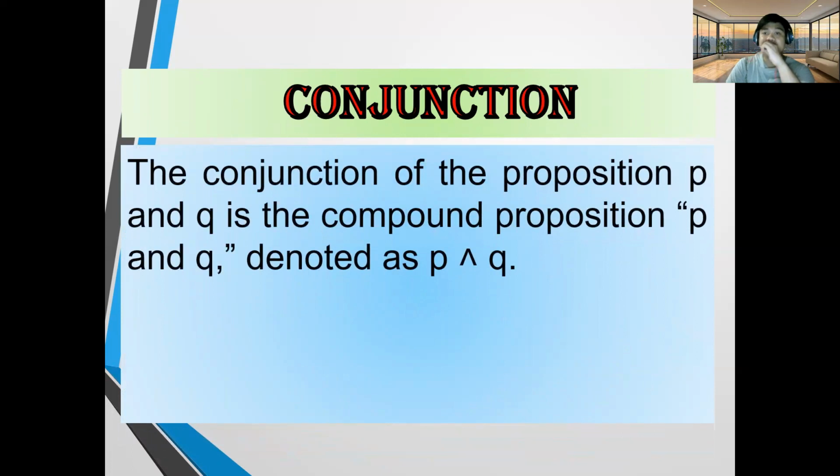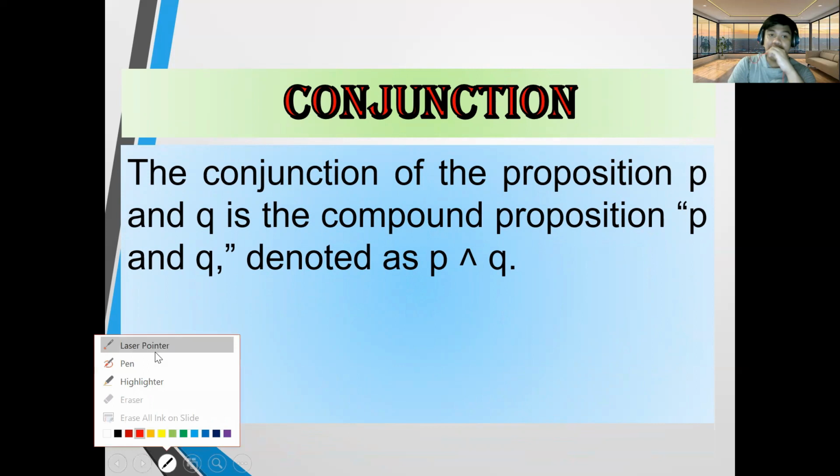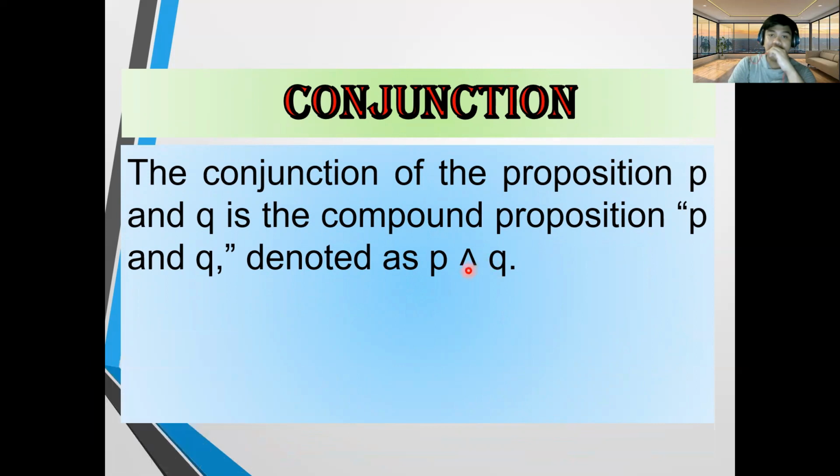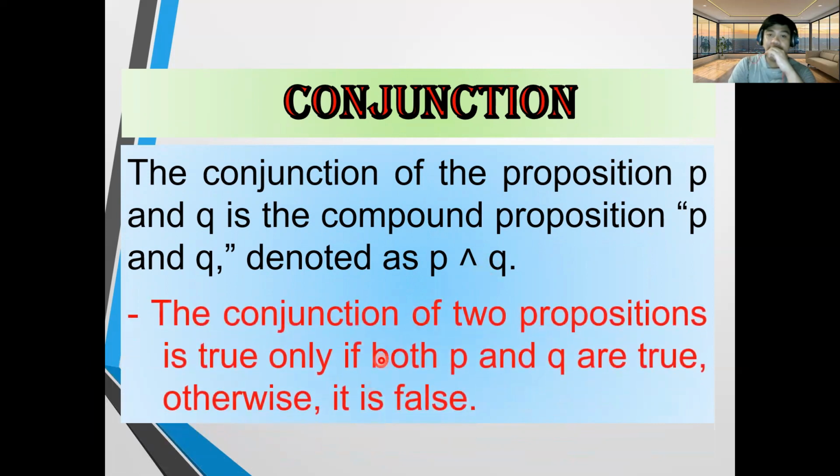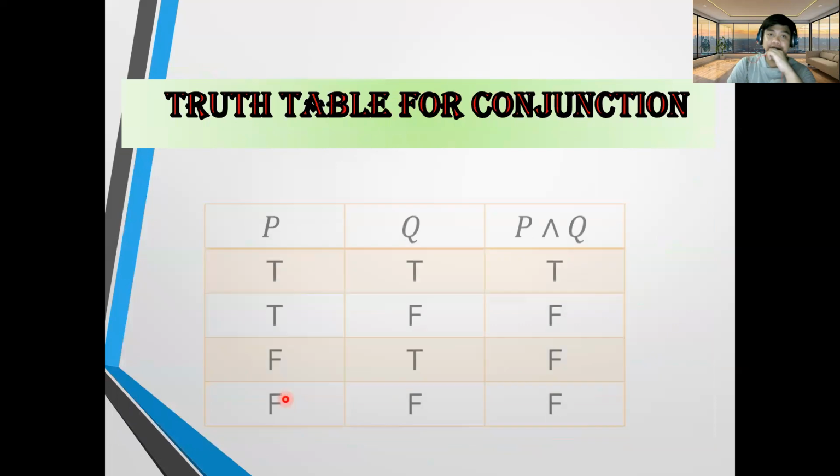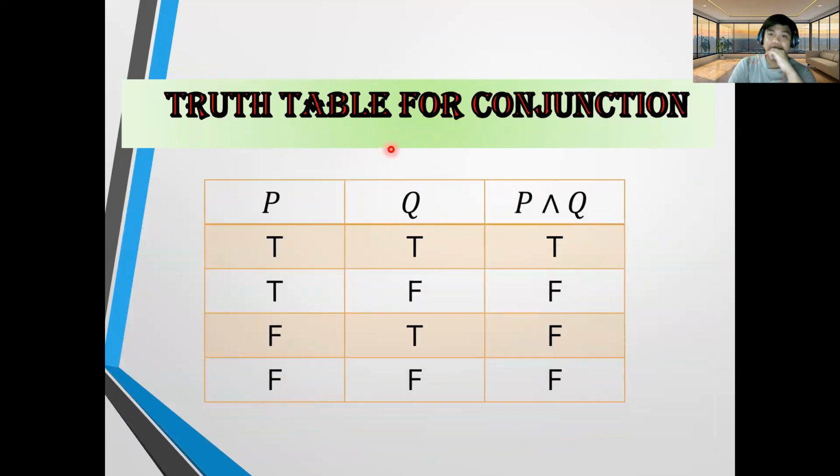The conjunction of propositions P and Q is the compound proposition P and Q, denoted as P and Q. So we have here the symbol for P and Q. The conjunction of two propositions is true if both P and Q are true. Otherwise, it is false. So we have here the truth table for conjunction.